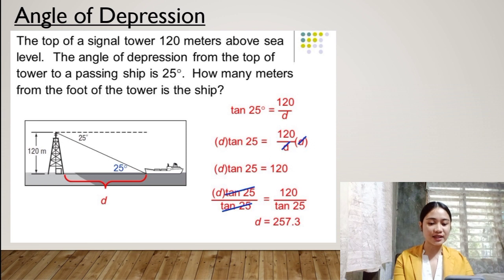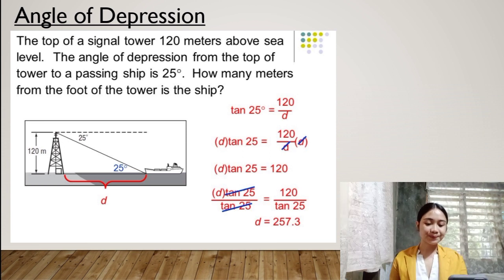Again, for depression, we will use the TOA again. So, tangent 25 degrees is equal to the value of the opposite, 120 meters, over the distance or the adjacent.